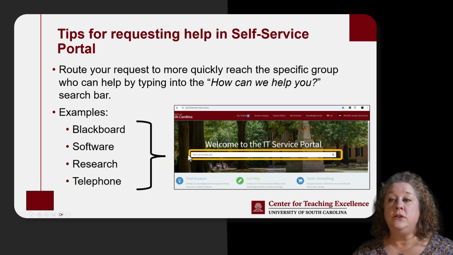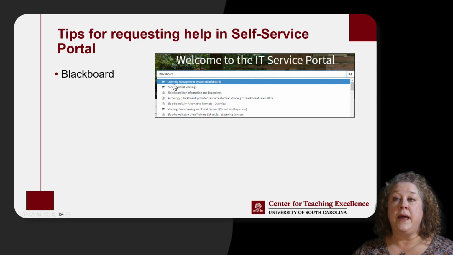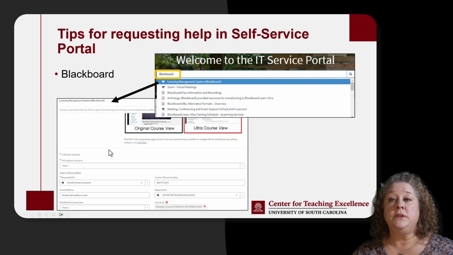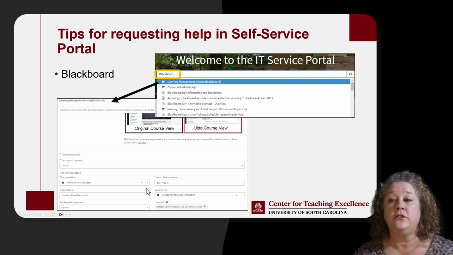All of these, when you type into the How Can We Help You search bar, will take you directly to the form to request that specific assistance. For example, when you type in Blackboard, it will populate options for you in the search bar. You'll click on Learning Management System or Blackboard, and that will take you to the Blackboard request form, and it will ask you various questions to more specifically get information about what assistance you need.